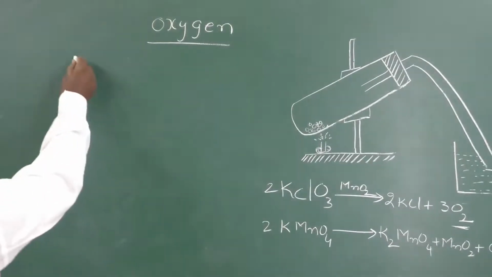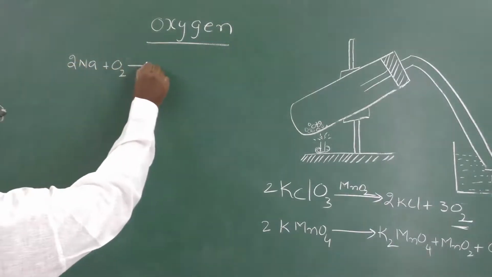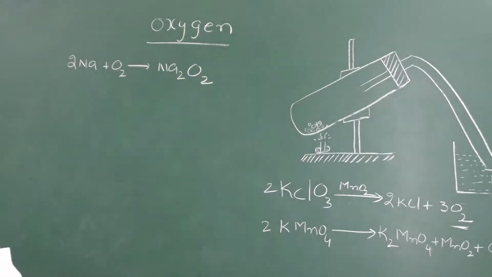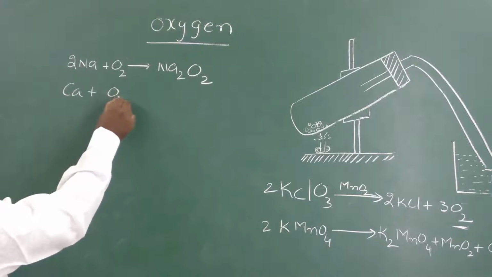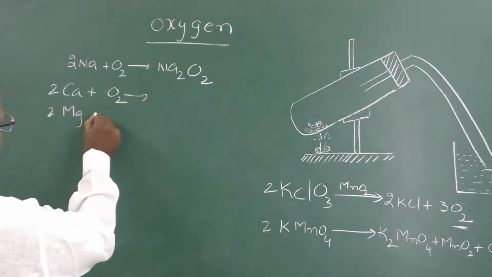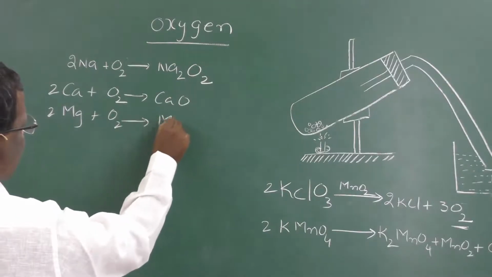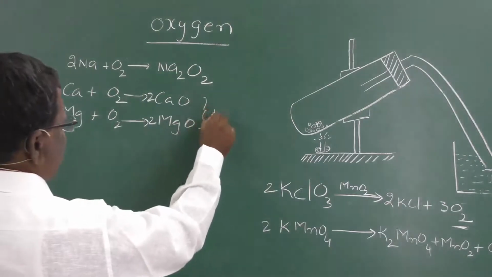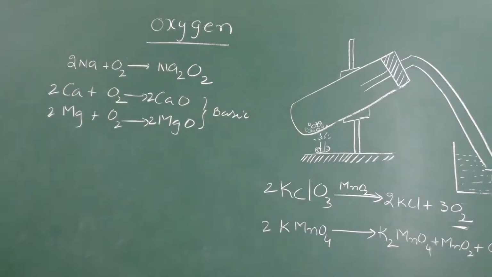Metals like sodium react with oxygen to give sodium peroxide, and metals like calcium or magnesium give the respective oxides: calcium oxide and magnesium oxide. These two metal oxides are basic in nature.